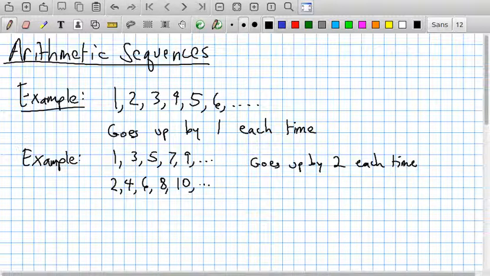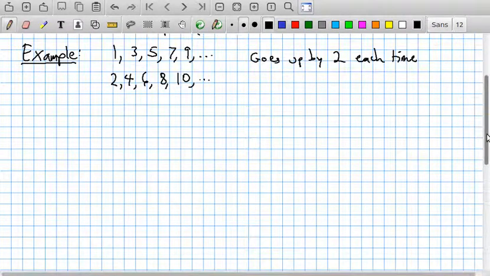Okay, so let's be a little more formal about this. Let's write this down. So a definition.